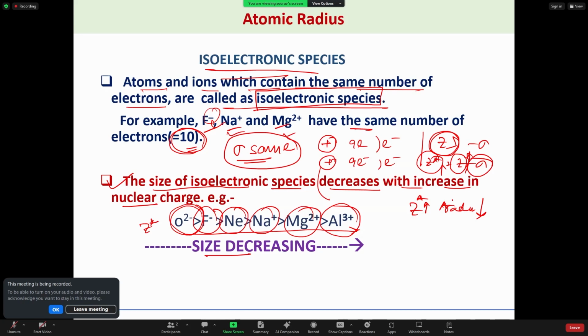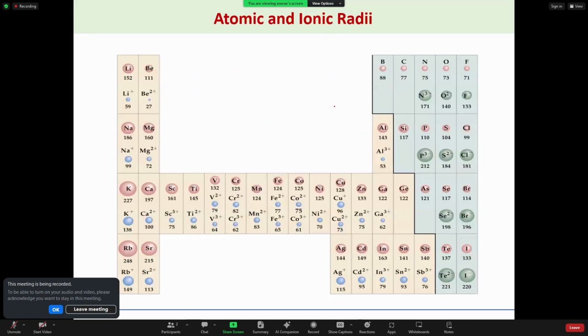This is the aluminum plus 3, this is the fluorine minus 1, and this is the magnesium plus 2. If you compare fluorine minus, magnesium plus 2 and aluminum plus 3, then fluorine has the greater atomic radius than magnesium plus 2 and then aluminum plus 3.